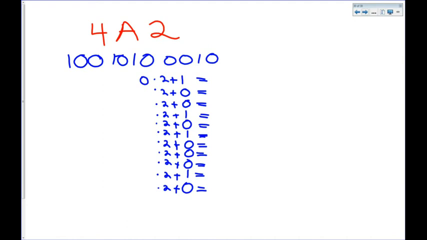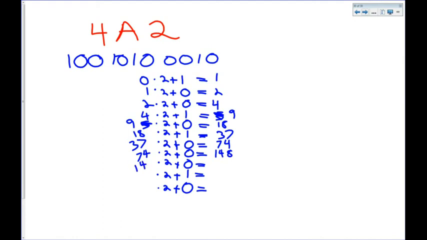2. 4. 9. What? 4 times, no, this isn't 5. What is it? 4 times 2. Okay, I'm just going to write what you guys tell me. The calculator's going to start to come out. 148. 296.